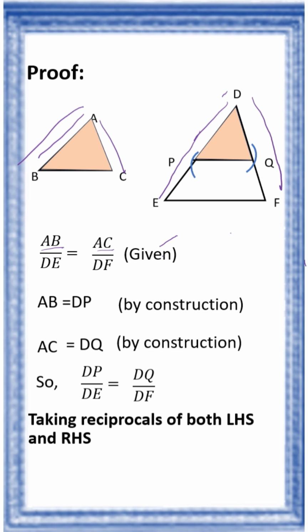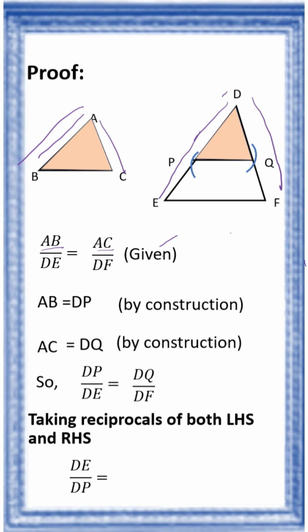Now take reciprocals because here we want this. Now this triangle is main. We want DP by PE ratio and DQ by QF. So in the numerator we should have DE. In the denominator DP.